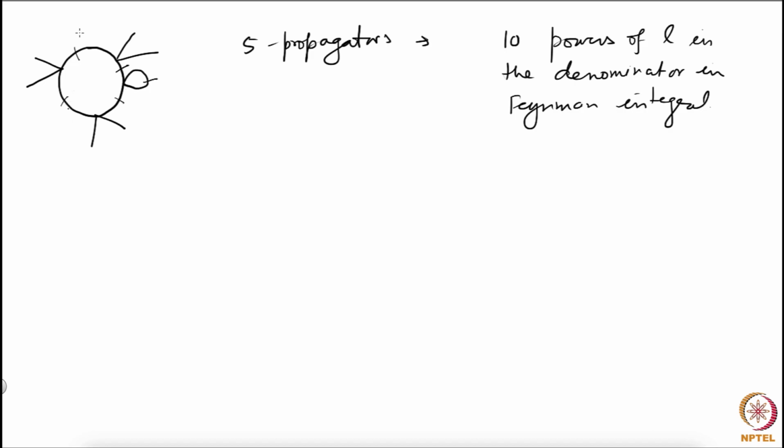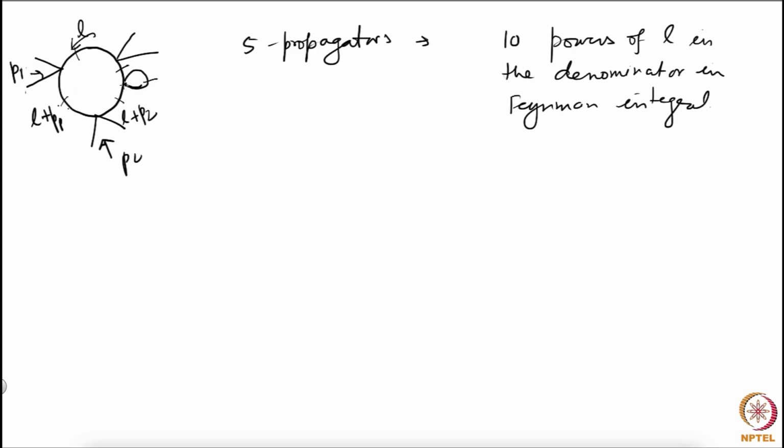Or you can also check the momentum assignment. So this is the loop momentum, it goes here. It's determined by whatever momentum comes in from here, that adds up. Let me write it P1. So it is L plus P1. P2 enters here. So this is L plus P2. But at this vertex, this momentum you cannot fix, right?